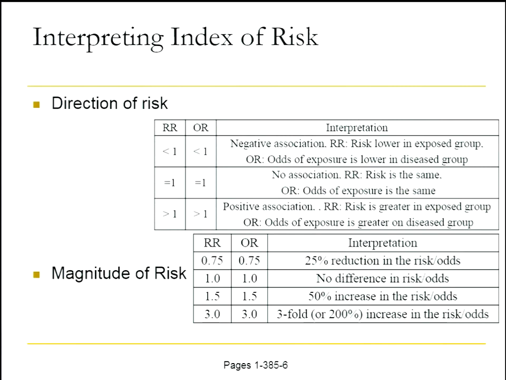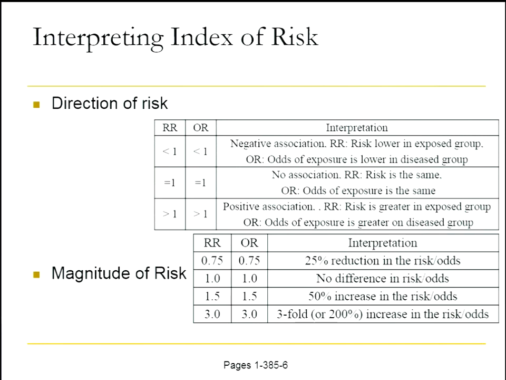So we're just going to focus on whether there's a negative association, no association, or a positive association between what we're trying to measure. If the odds ratio or relative risk is less than 1, then we would conclude that there's a negative association with the factor that we're investigating. If it's exactly 1, then no association. And if it's greater than 1, there's a positive association, or an increase in the risk, or increase in the odds.